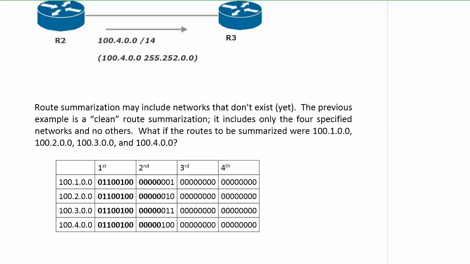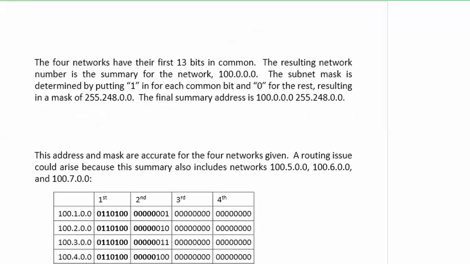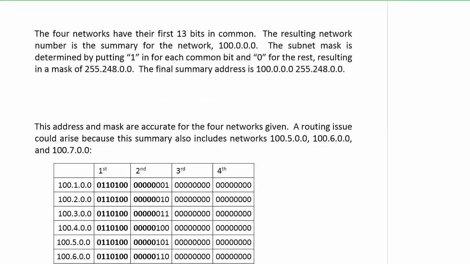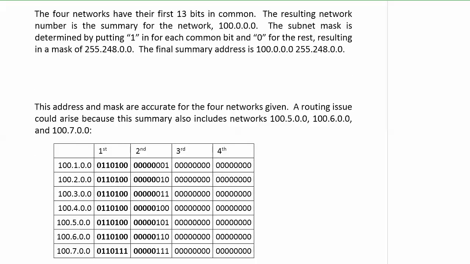Well, if you go for the common bits from left to right, how many have we got there? We've got 13 because the 14th bit is 0 for the first 3 networks, but it's 1 for the 4th one. So we have 13 common bits. The resulting network number for that summary is 100.0.0.0.